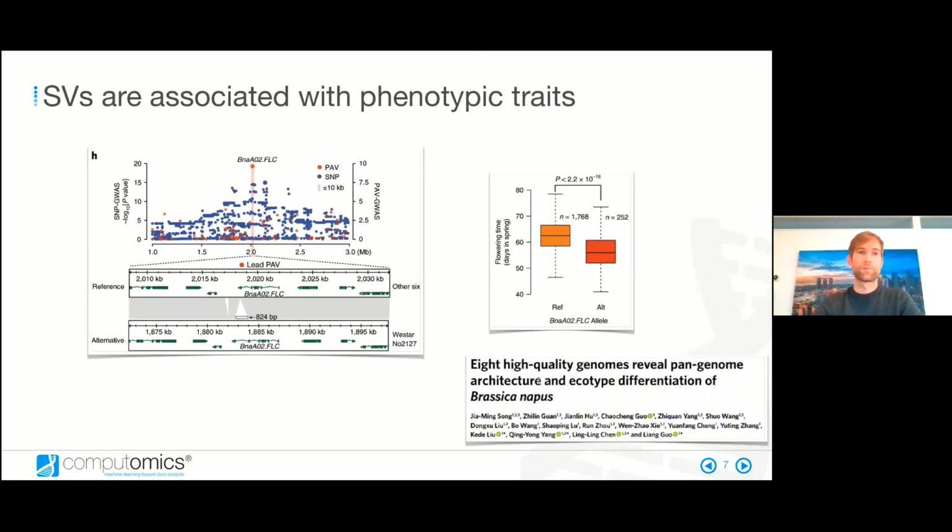These variants, which can now be accessed more and more, are also often associated with phenotypic traits, and more and more studies come up showing that. Here, just a showcase study in Brassica napus: they analyzed a QTL, and in the dot plot on the left side, you see one QTL region where the most associated variant was actually an 800 base pair insertion into a gene.